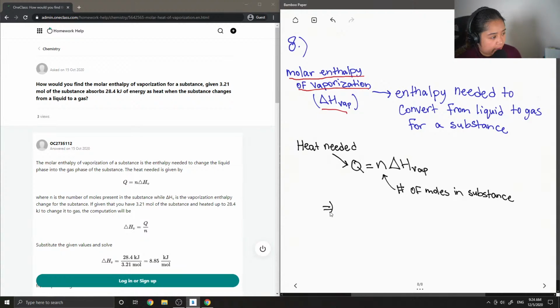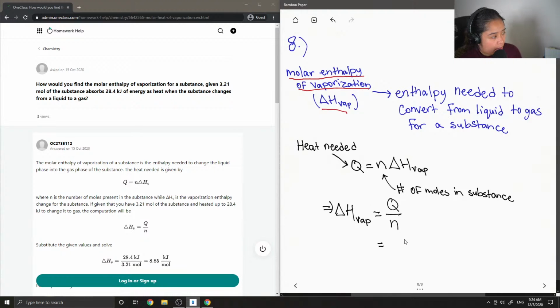So let's rearrange this equation to solve for the molar enthalpy of vaporization for this substance. We'll rearrange it so that delta H vap is equal to Q divided by n.